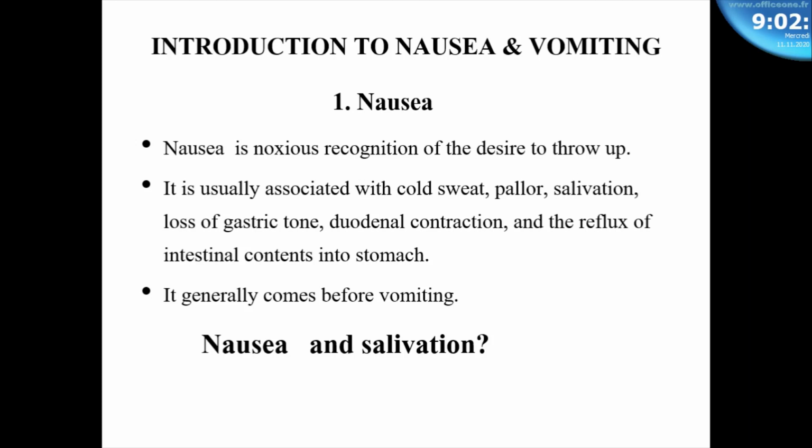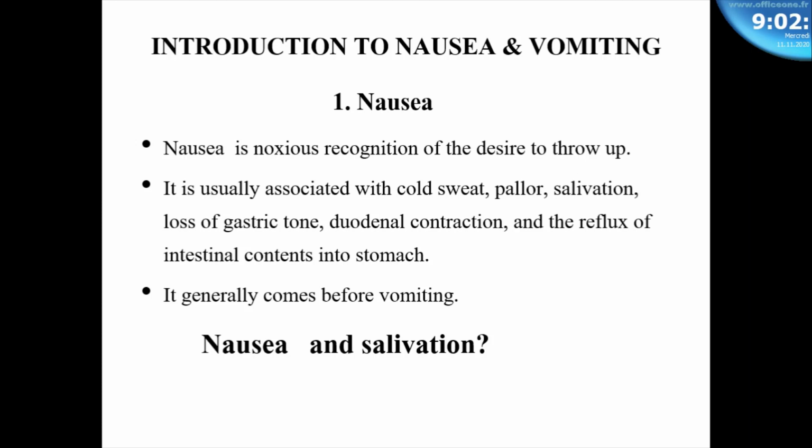This sensation is usually associated with some signs and symptoms. Among those we have cold sweat, pallor, salivation, loss of gastric tone, duodenal contraction, and reflux of intestinal contents into the stomach.